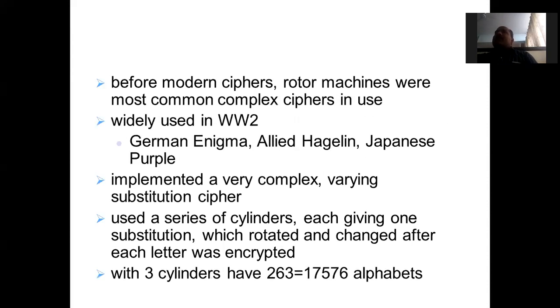So how are rotor machines implemented? Before modern ciphers, rotor machines were the most common complex ciphers in use, before even the transposition and substitution ciphers. The rotor machine concept was widely used in World War II.